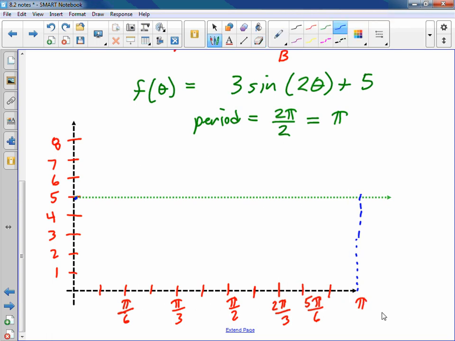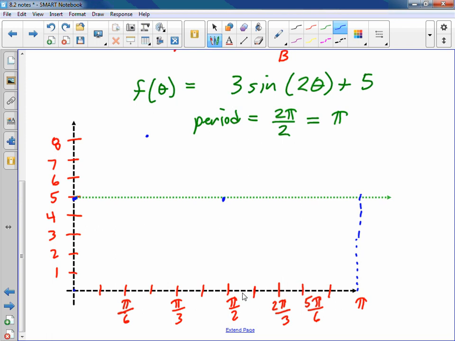That looks better. So, I will start down here at 0. It'll hit 5. And then it will go up, come down at pi over 2. Right there. That's the middle. Notice my amplitude is 3, so I've got to go up 3 from here in the middle of these two. So there.